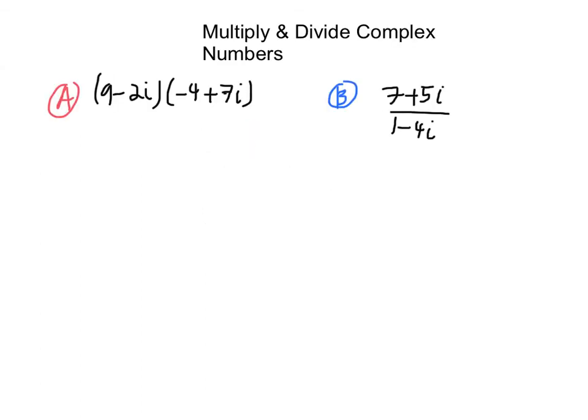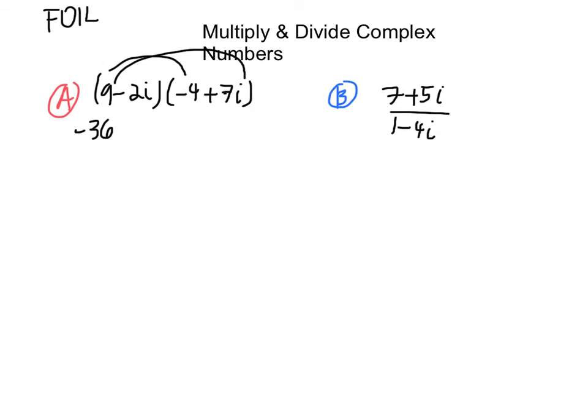So now we're going to be multiplying and dividing complex numbers. Let's approach the first problem as we would a FOIL problem. If you remember what FOIL stands for, F is first, O outer, I inner, L last. So when we are multiplying, first is 9 times negative 4, negative 36.